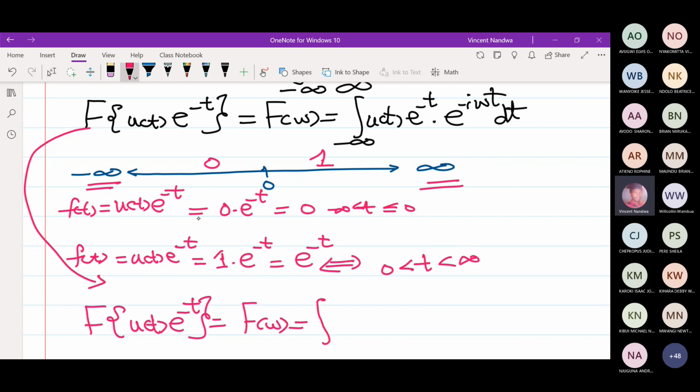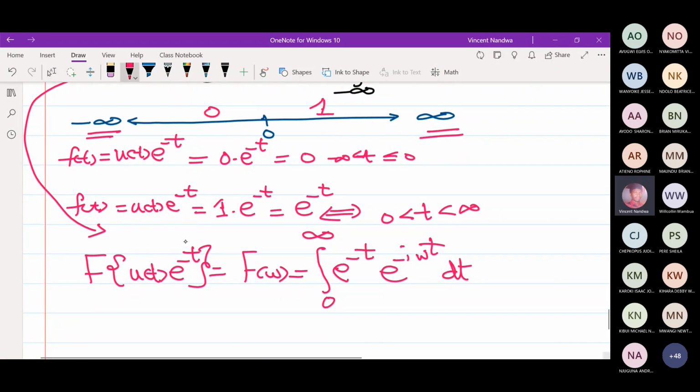Instead of moving from minus infinity to infinity, I move from 0 to infinity, and u is 1, multiplied by e raised power negative t times e raised power negative i omega t dt. You can give that reason since f of t is 0 for all values of t less than 0.